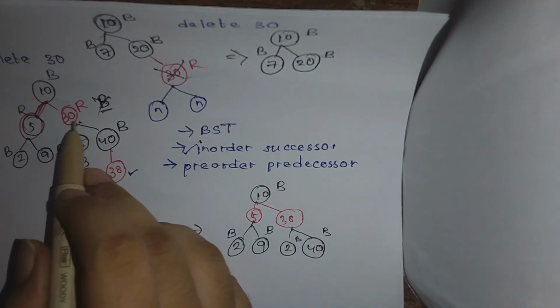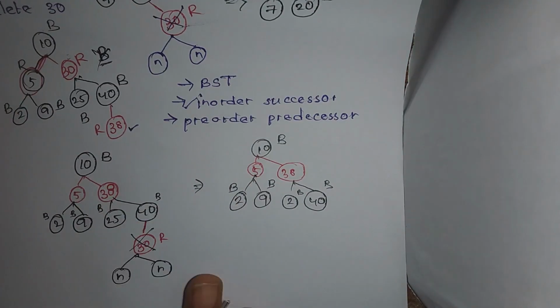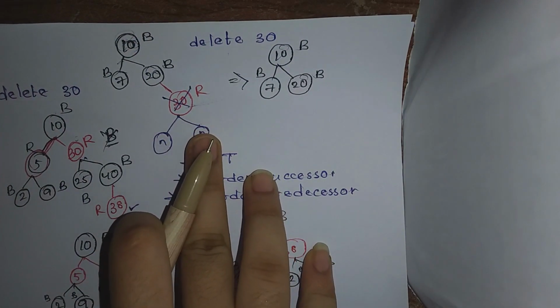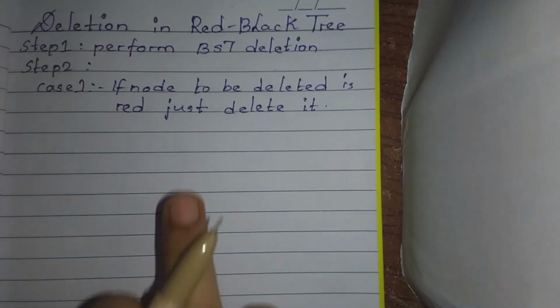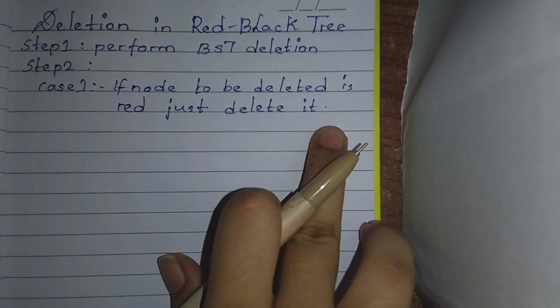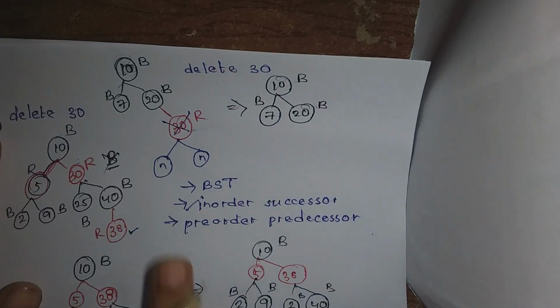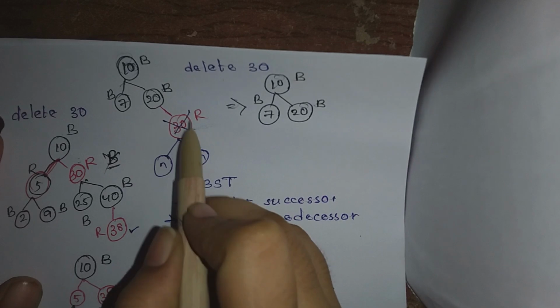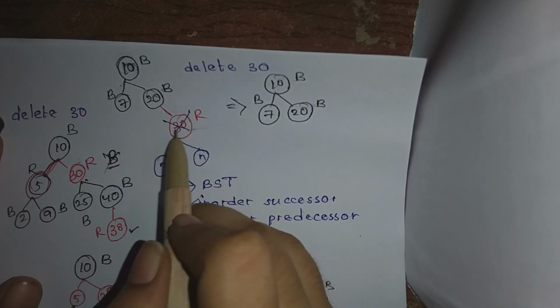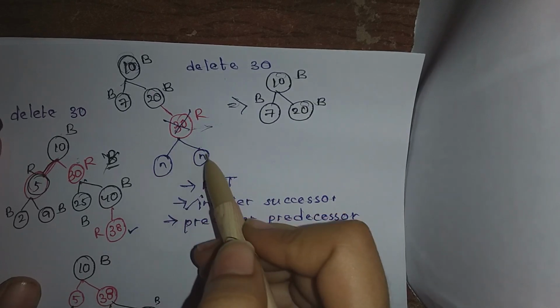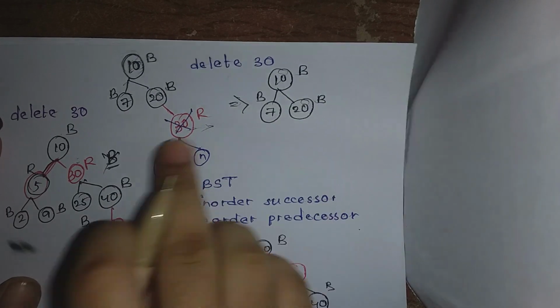If we are not deleting a leaf node, we just replace the values. If the node to be deleted is red, just delete it. So now we have seen that we are deleting only the red node. We are considering these two cases: if it is a leaf node or if it contains children, only the red node we are deleting till now.